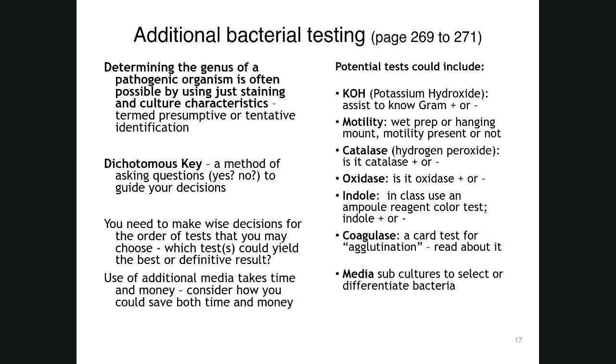So determining the genus of a pathogenic organism is often possible by using just staining and culture characteristics. And we term this presumptive or tentative or possible. It's kind of like looking at a radiograph without a label, but you think that this is potentially a right lateral abdomen because of the other typical skills that we employ in radiology.